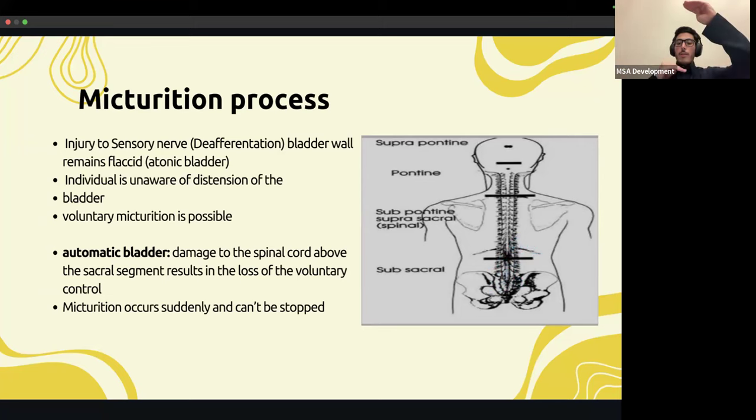They just urinate suddenly and they can't stop it. Probably the doctor would have an exam question like: a 45-year-old male patient who had a car accident 1 week ago had a spinal damage, and since then he's not able to control his micturition. So you're going to suggest automatic bladder.